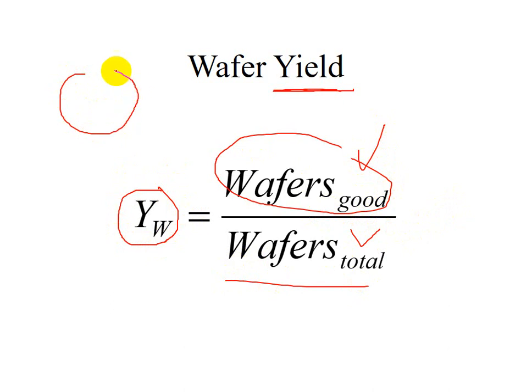On top of a wafer, you have die. Okay, all those tiny area, tiny square, tiny rectangle here is called a die. So we have wafer yield, and next we are looking at the die yield.